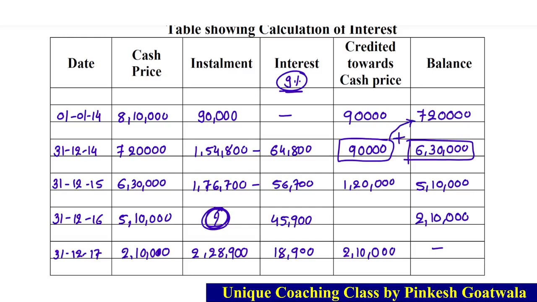Clear? Same here, we don't know what amount will be here, but whatever amount is here plus this 210, the answer comes to 510. Like here 90 plus 630 is 720, same here, whatever amount is here plus 210, the answer will be 510.